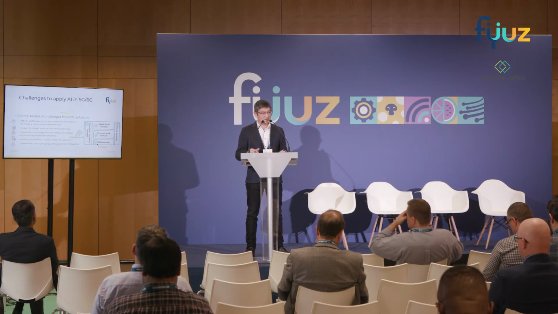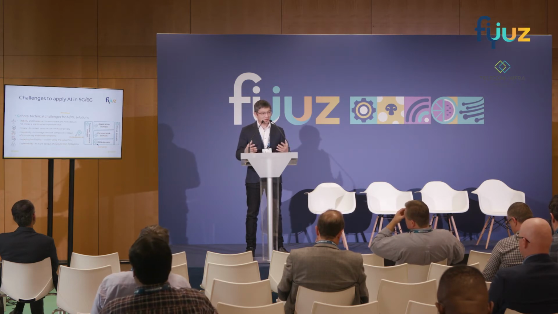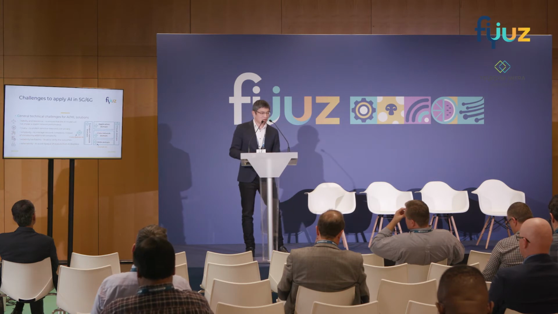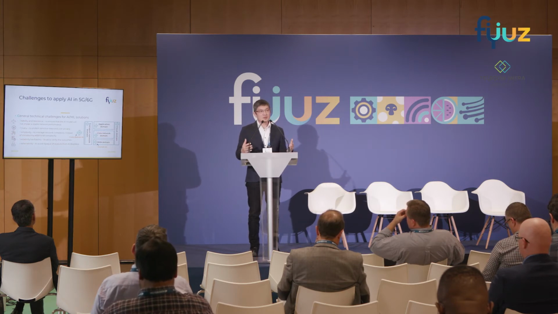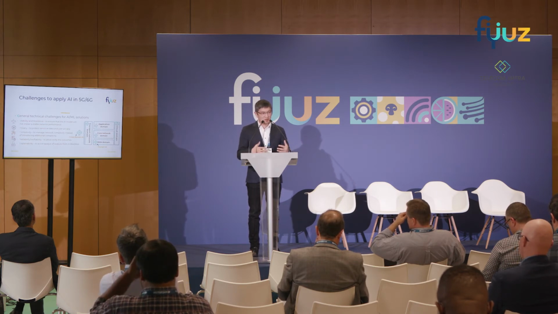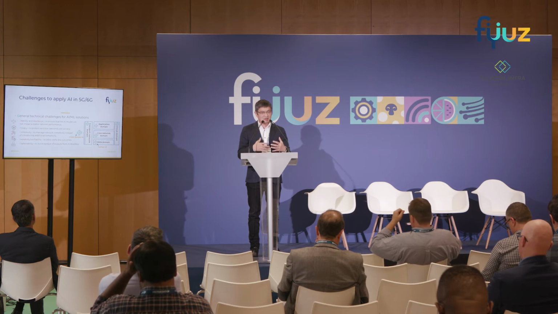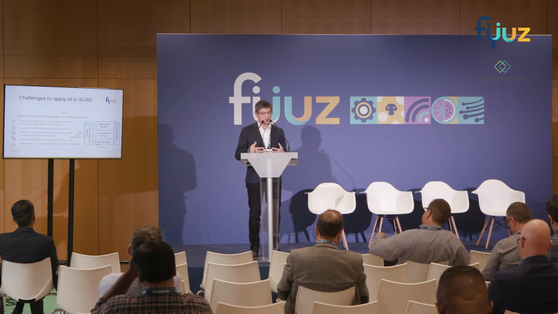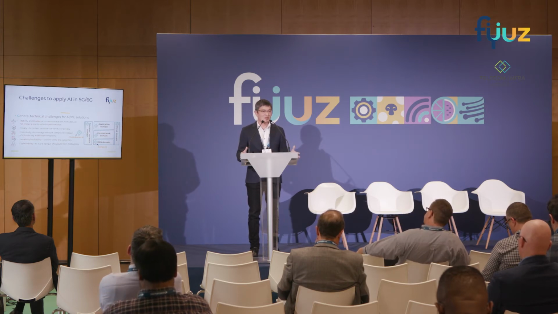So data is a challenge: how to collect data and how to define the interface. And if you use the current O-RAN solutions, this platform approach, how to integrate with the network, and especially for 6G, we want to have one standard, right? But how to integrate that into one standard is an open question.